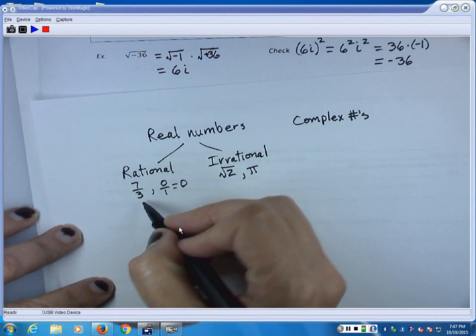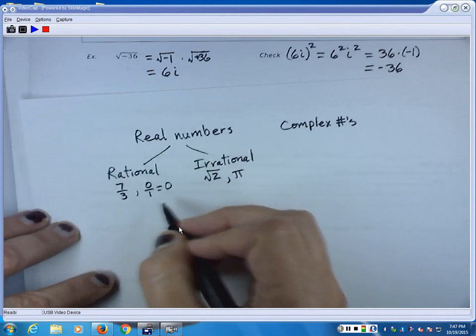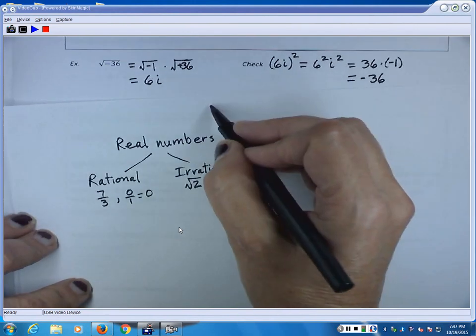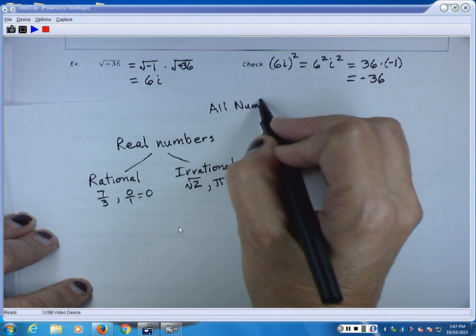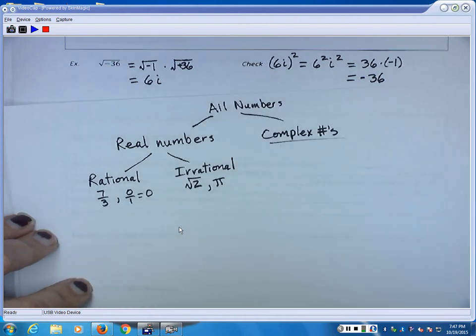Now we added a category. We call them complex numbers.